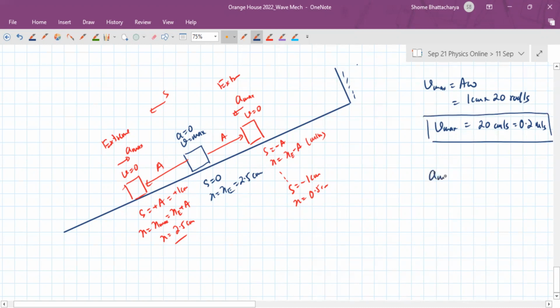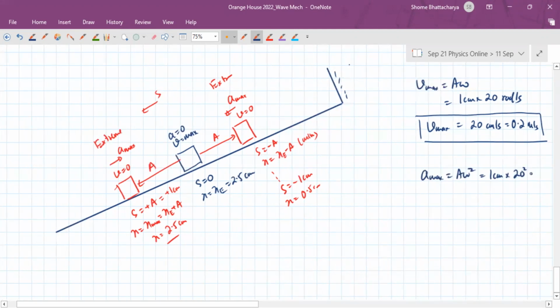And maximum acceleration is a omega square. So 1 centimeter into 20 square, in radians per second whole square. So that is 400 centimeters per second square or 4 meters per second square. Okay. Later we can justify this by FBD also.